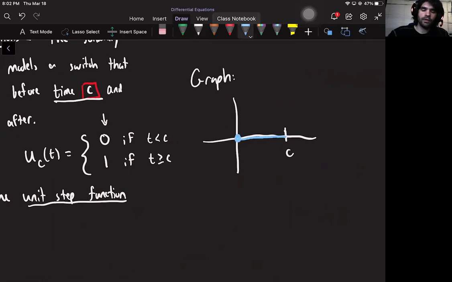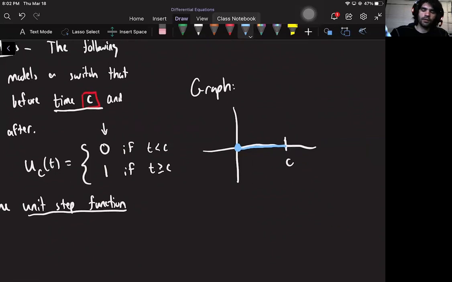We're not going to bother going to the left because we're always thinking of this as time. Before c, it's just stuck at 0, but then after you get to time c, it's 1 forever. And remember, this open circle indicates that it's not touching that point. It just goes right up to it. So that's how the graph looks.